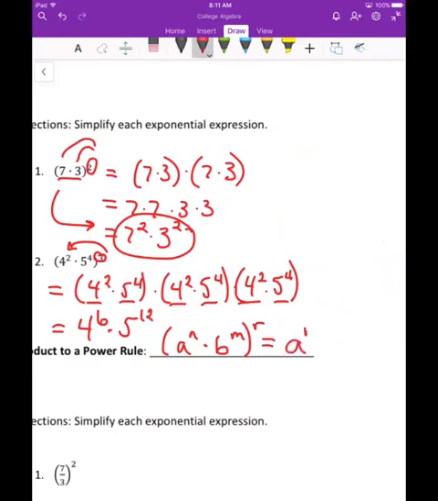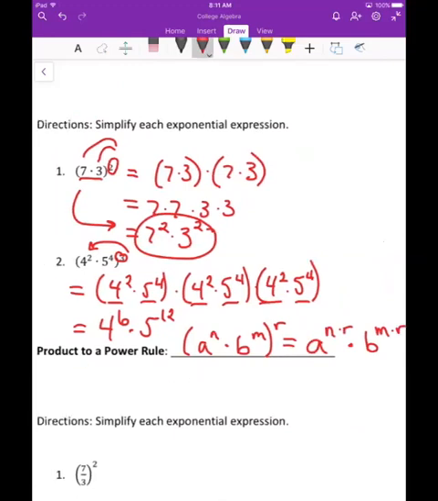So this is a to the n times r times b to the m times r. All right, so we can simplify that outside power and make this down to just those two bases to one individual power using that product to power rule.